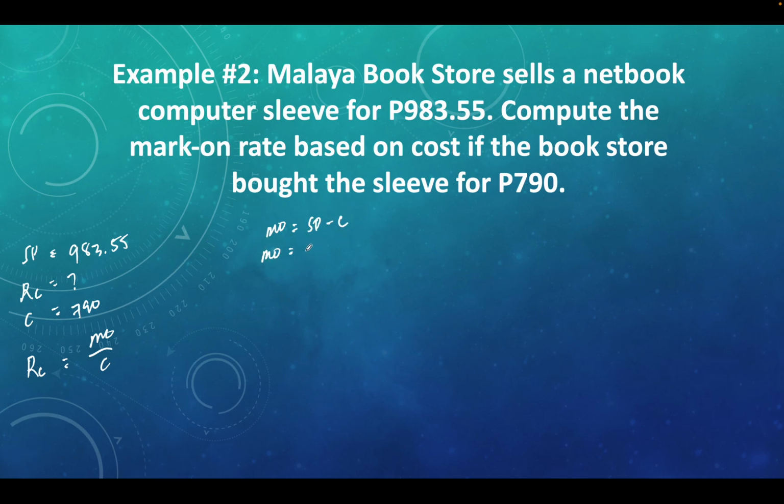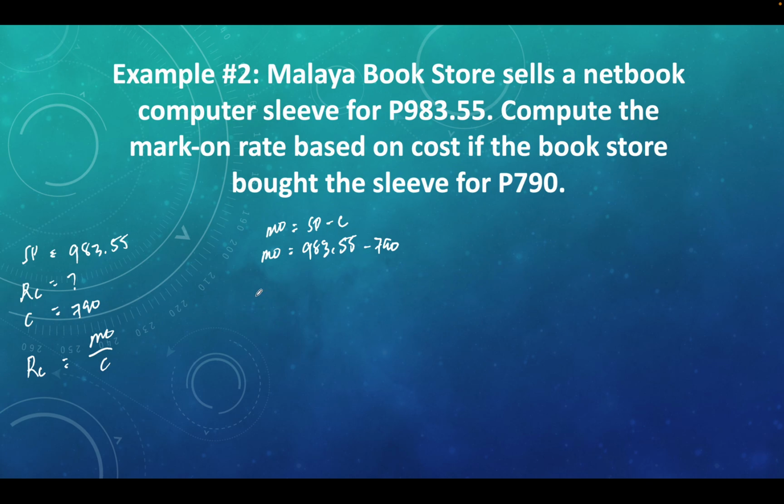So, selling price natin is 983.55. Then, minus the cost na 790. So, on your calculator, we have 983.55 minus 790.